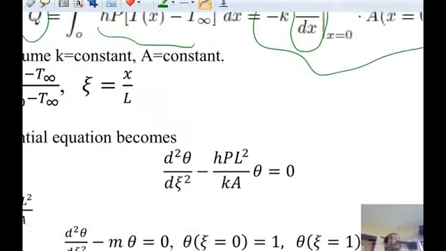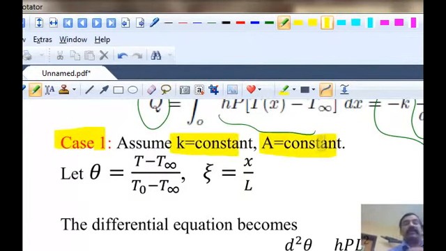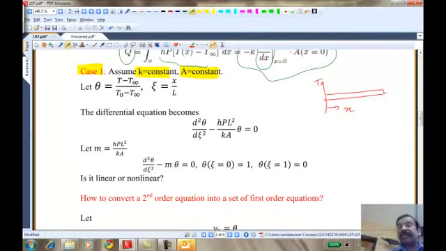So we're going to examine several cases. Okay, the first case is to say that I'm going to assume k is constant. I'm going to assume A is constant. By assuming A constant, what am I saying? I'm saying that the fin has a constant thickness. The thickness of the fin is constant everywhere. Okay, so this is distance, and this is x equal to 0, so the temperature is T0. At the final one, I'm going to take the case where T is equal to T infinity.